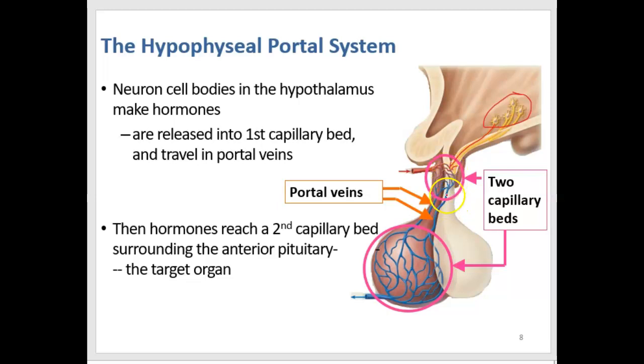Now the hormones travel in the portal veins, enter the second capillary bed, and then the hormones diffuse out of the capillary bed to reach their target organ, which is the anterior pituitary or anterior lobe of the pituitary. After the hormone is dropped off, of course, the blood continues to flow and eventually it'll go back to the heart.